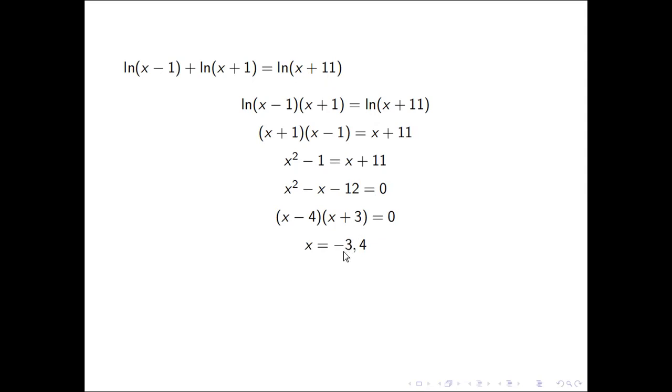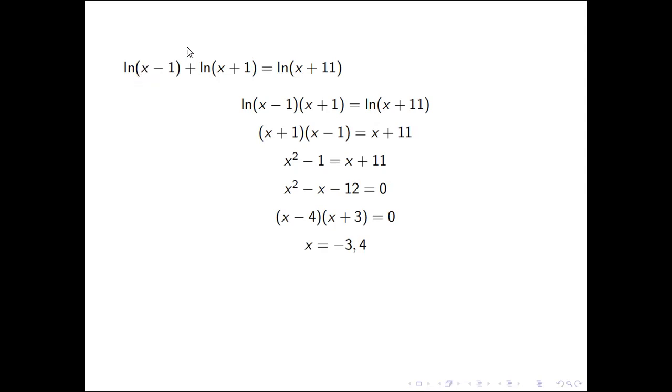But if you plug in negative 3, although negative 3 plus 11 is okay since that is positive, for at least one of them, like x plus 1, negative 3 plus 1 is negative 2. So right away, you can just say negative 3 is not a solution.